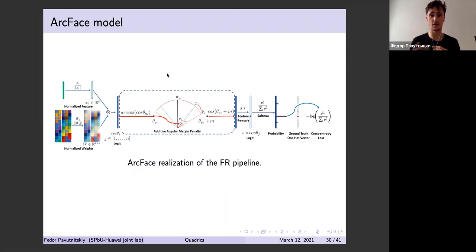But during training, the loss function is designed in a way that it tries to reduce the angular distance between image embeddings of the same class, of the same identity, and make the angular distance as large as possible for embeddings of different classes.